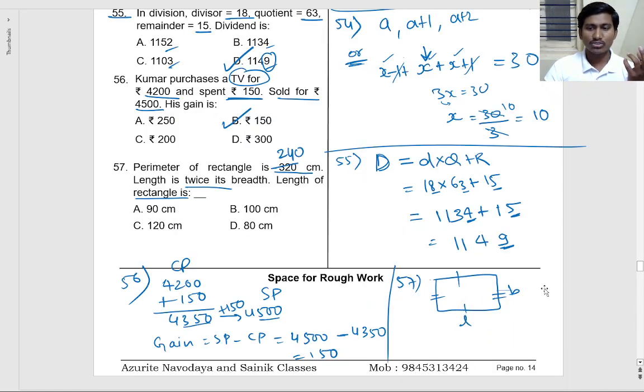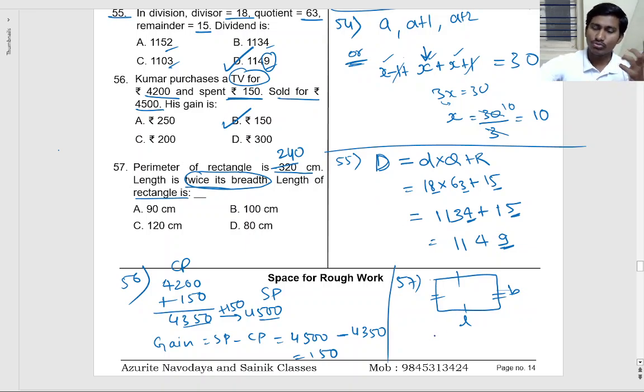What they are telling here is that the length of the rectangle is twice its breadth. So you can go with the options, it will be easy.